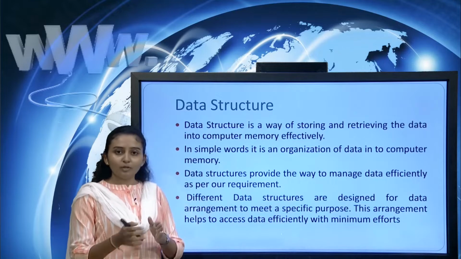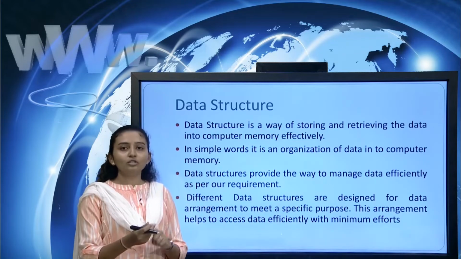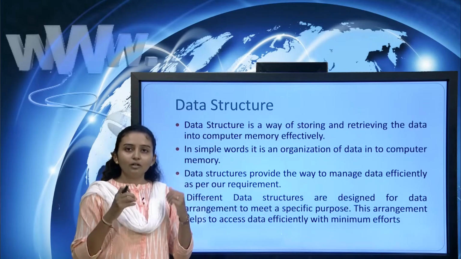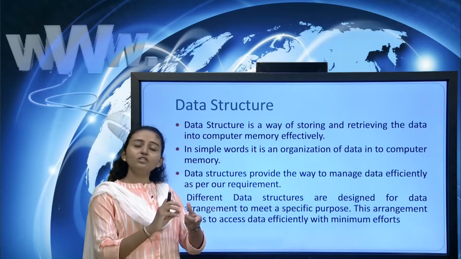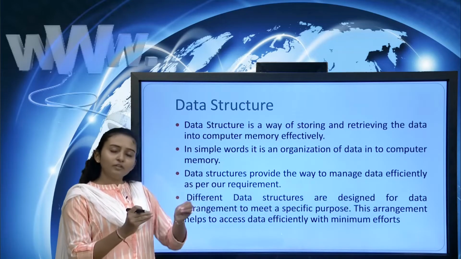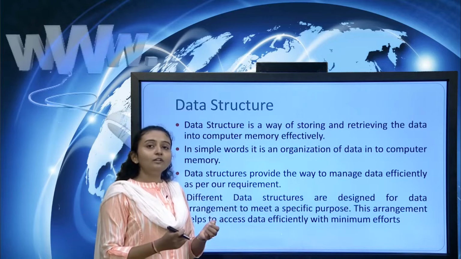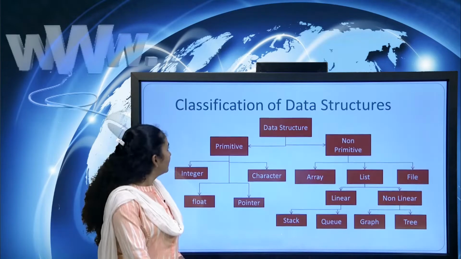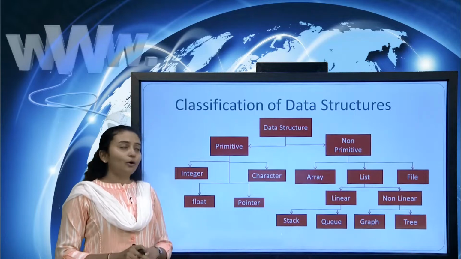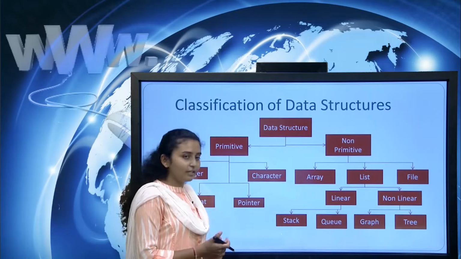For this purpose, in our computer we have different kinds of formats in which we can store data in different manners so that we can make efficient use of our memory and resources.